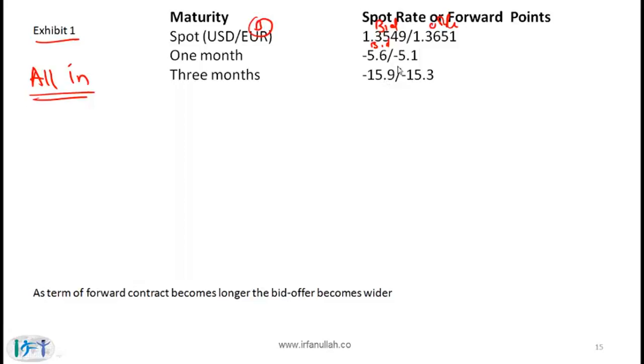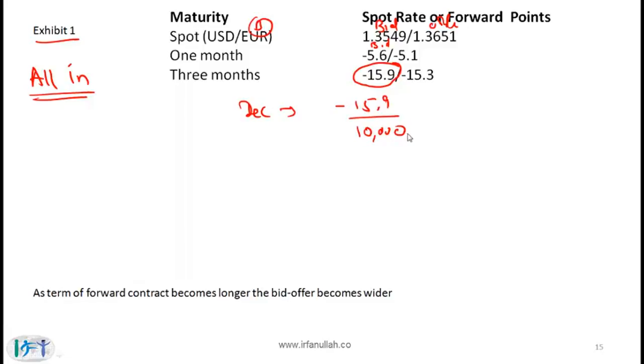The way we do that is, this is a number that tells us the forward points. To convert forward points into decimal, we need to divide by 10,000. So to convert into decimal, we say minus 15.9 divided by 10,000. The point here is that if our currency is quoted in terms of 4 decimal places, then we need to divide the points, in this case 15.9, by 10,000.